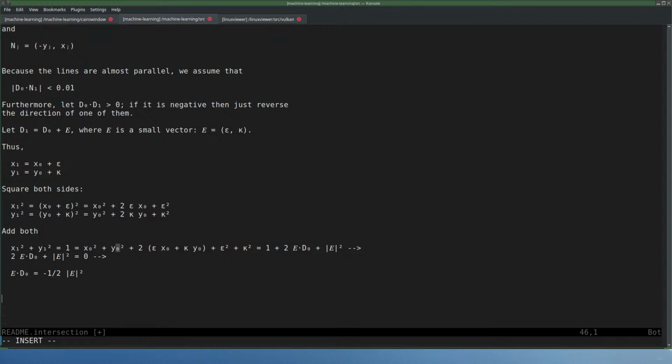So let's say I'm having a horizontal line here, and that's L0. So that line goes through a point called P0.